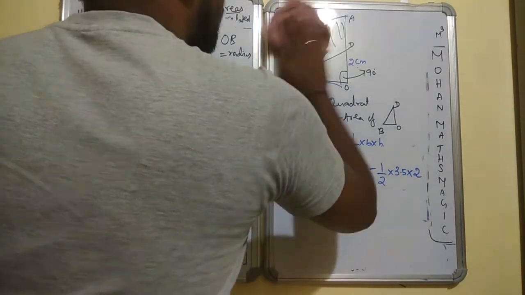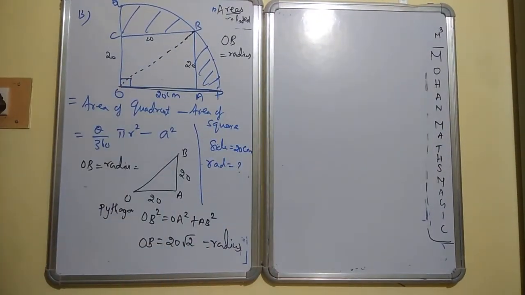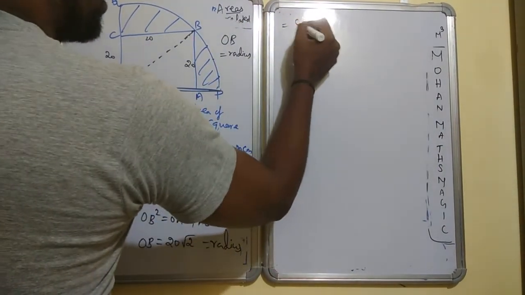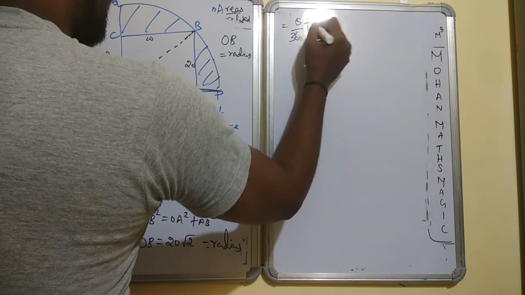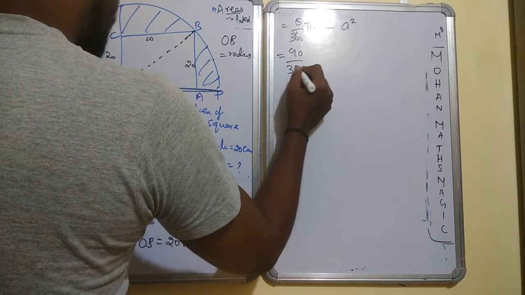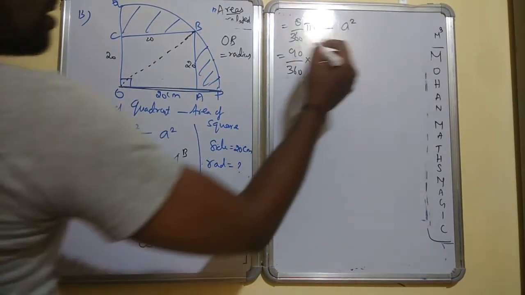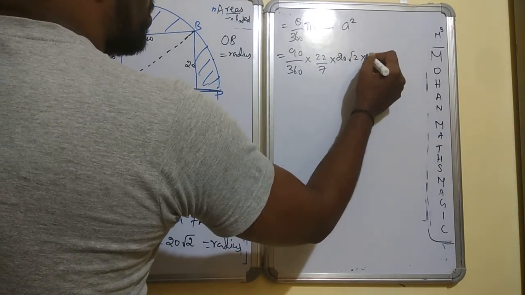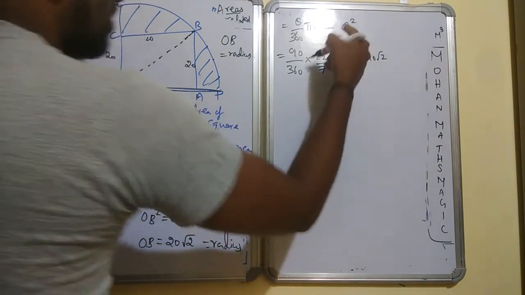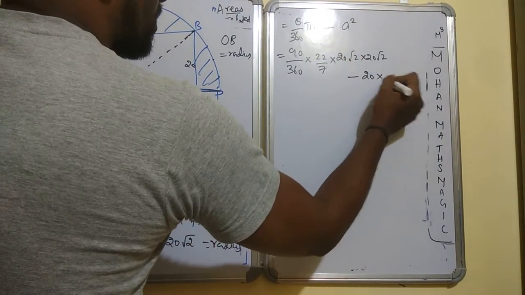Therefore, everything is clear. So theta by 360 into pi r square minus side square. Theta value 90 upon 360, 22 by 7, radius 20 root 2 into 20 root 2, minus the square: side of a square is 20 into 20.